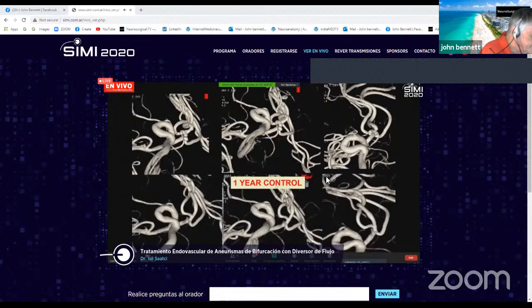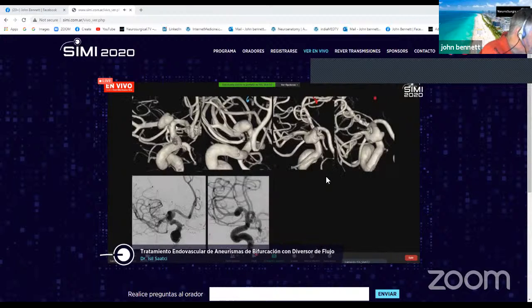At the ICA terminus, it is less complicated and easier to understand and decide. We always put the flow diverter to M1, never jailing the MCA in our experience.